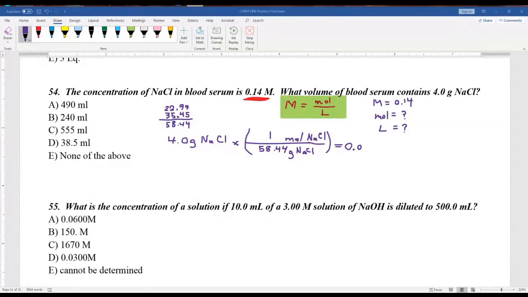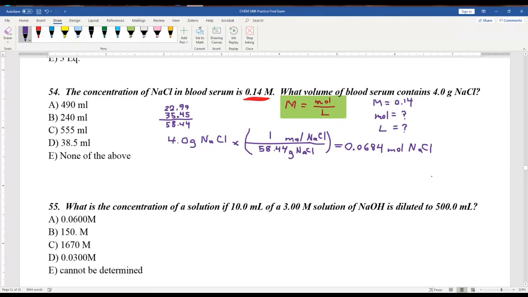Yep, that's what I got too. 0.0684. Strictly speaking, it would only be 2 significant figures, but that's okay. We're going to keep a few extra sig figs right now because we usually don't want to round until the very end anyway. So this is our moles of NaCl.